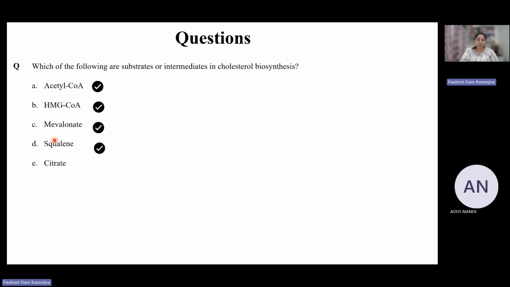So that's the whole pathway. Citrate, however, is not really part of cholesterol biosynthesis. Citrate, as you know, plays a role in the transport of acetyl coenzyme A, but it is not part of cholesterol biosynthesis. So everything else is part of cholesterol biosynthesis in the order that it is given, except for IPP here and lanosterol here.